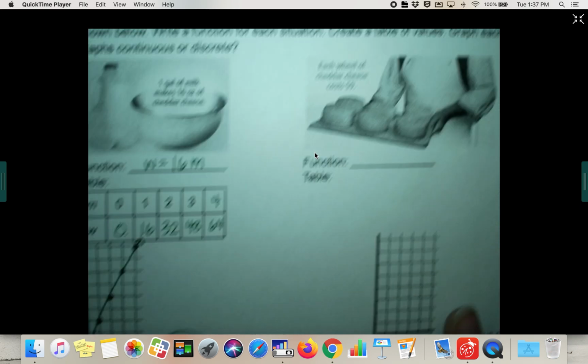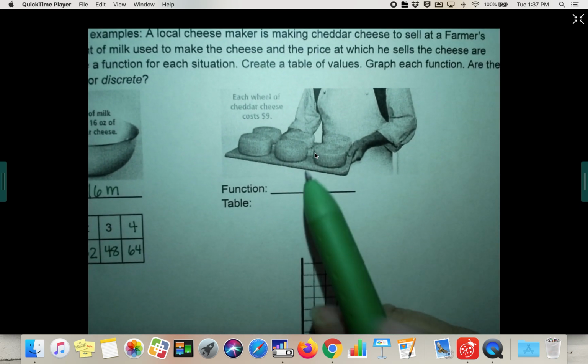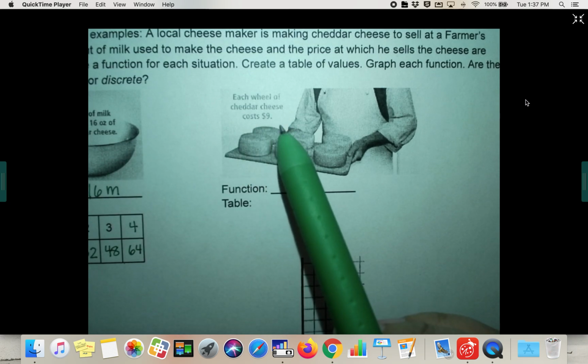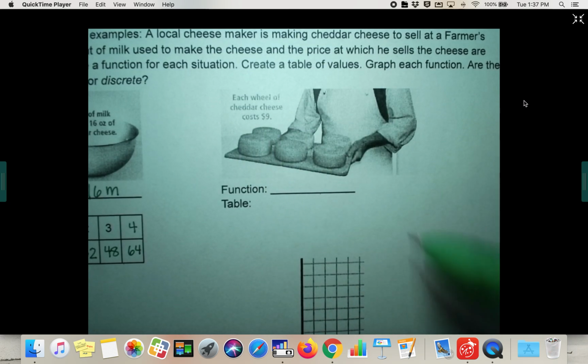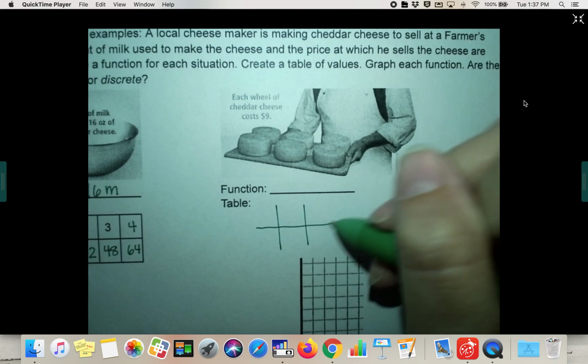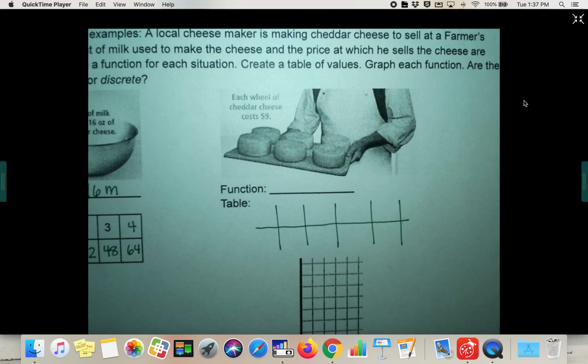All right, let's look at now each wheel of cheese that he sells costs $9. For some reason it did not copy the table down, so we're going to have to make a quick table right here. That's okay.